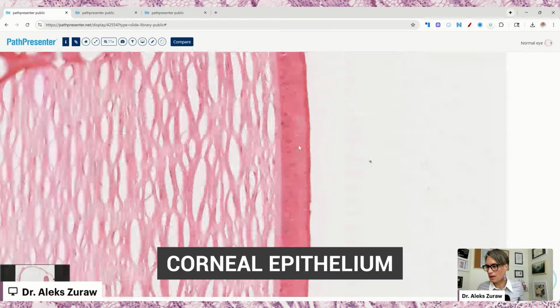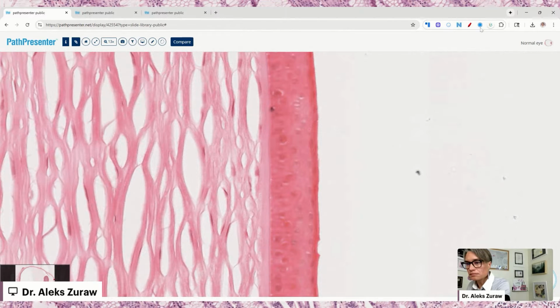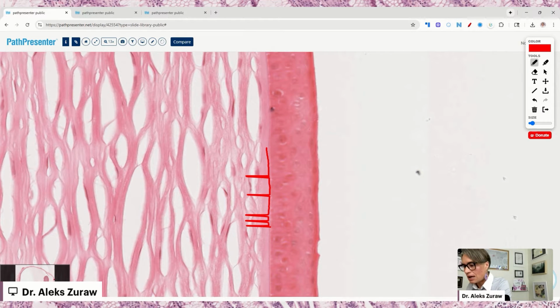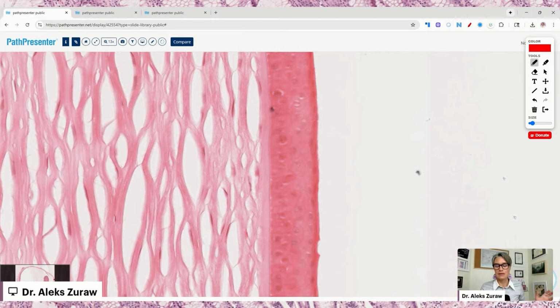And the corneal epithelium has a membrane. Here's the membrane. And here is this epithelium. This is stratified squamous epithelium. These are squamous cells. This is a squamous barrier.